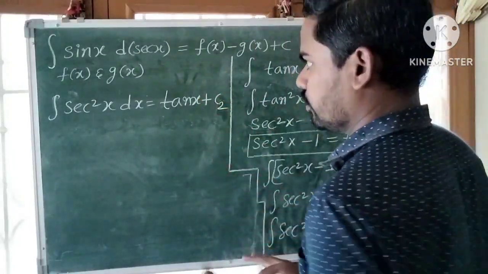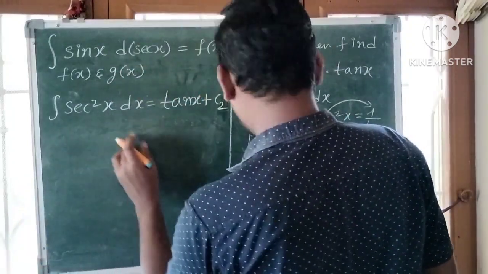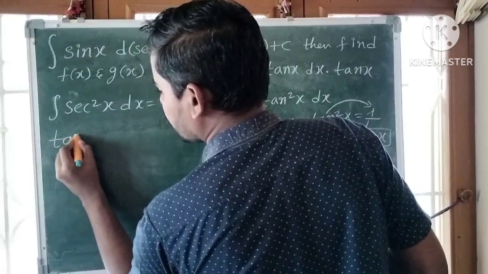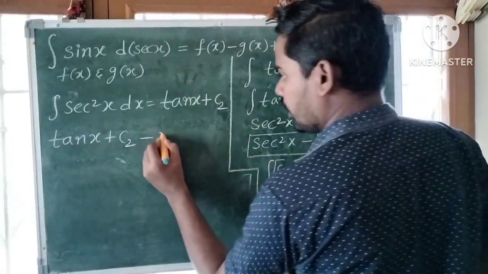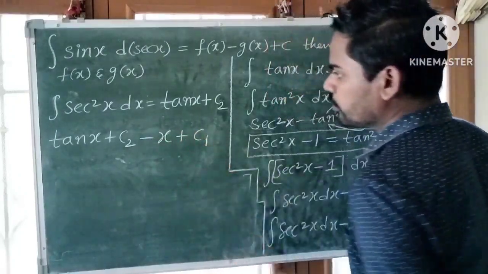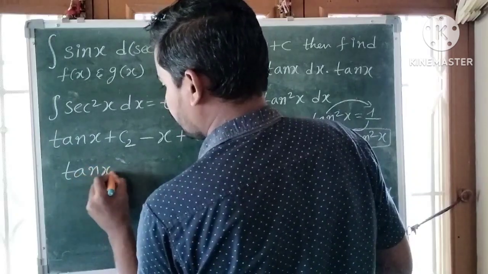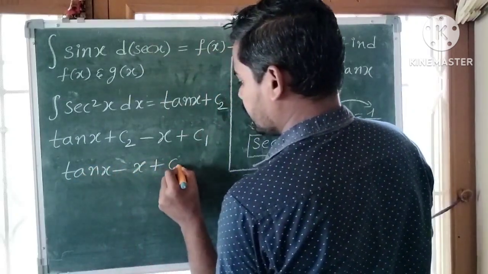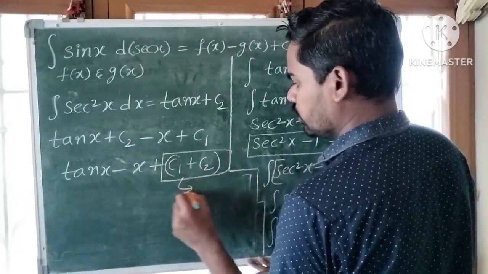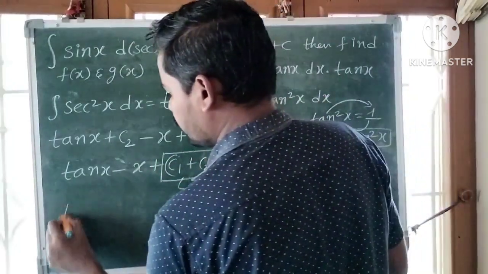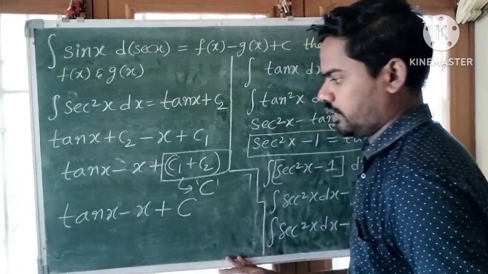So tan x plus C2 minus x plus C1, that is tan x minus x plus C1 plus C2. Let us assume C1 plus C2 is equal to some capital C. Now what is the final answer? Tan x minus x plus capital C.